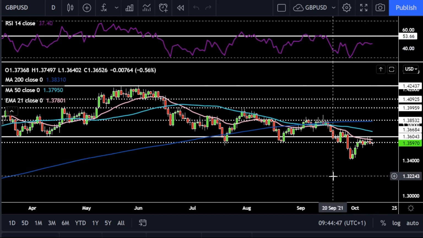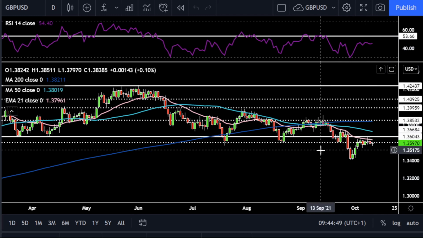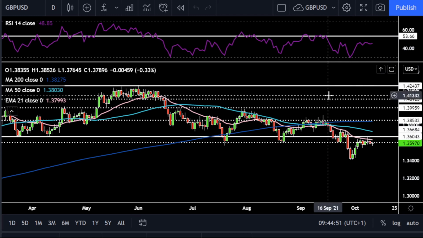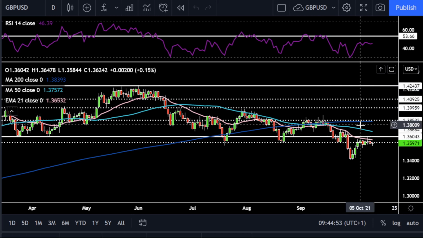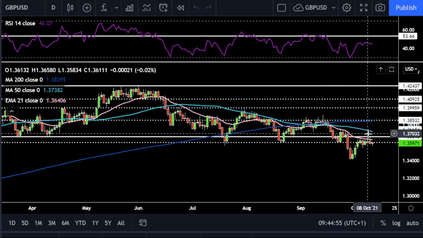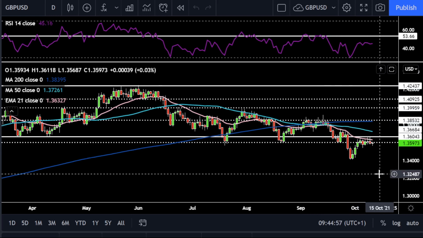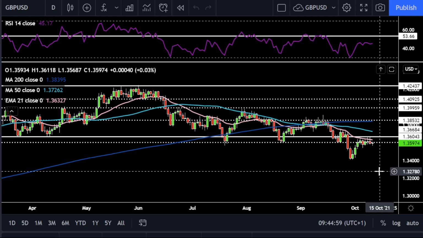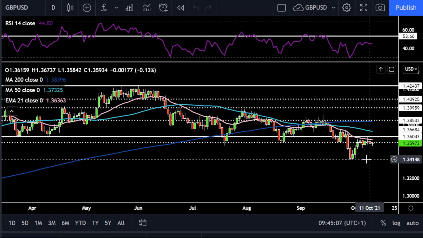The shorter moving averages are both pointing downwards, which will need to churn up for the bulls. Target wise on the upside, 136.6 would need to be cleared first. Then the 50-day SMA around 137.2 would be the next level to monitor. On the downside, you got 135.5 and the low of 134 would be levels I'd be keeping a close eye on.